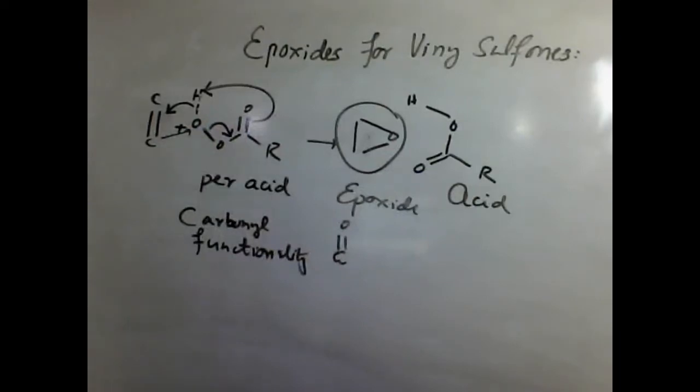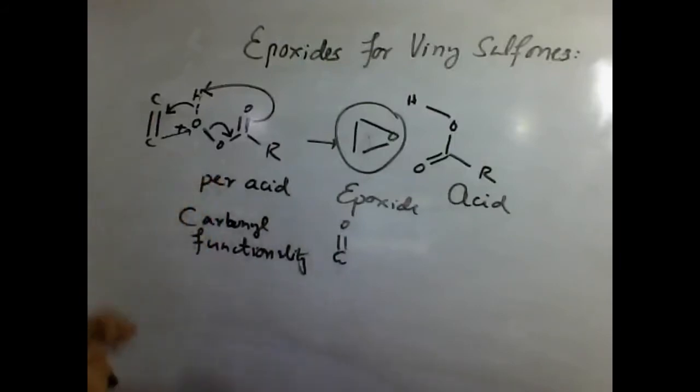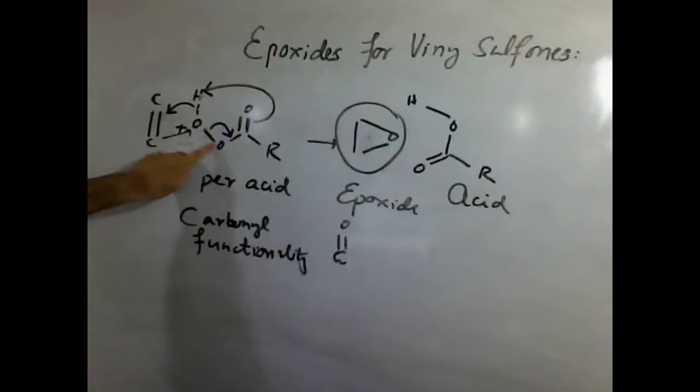Okay, and then as the bond between this oxygen and this oxygen undergoes breakage, this will have an electron deficiency, and as a result a bond from carbon will move to attack at this one.